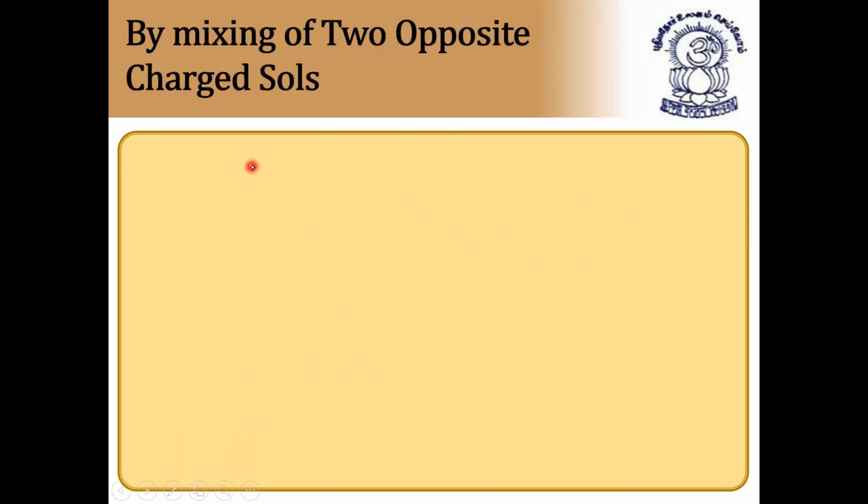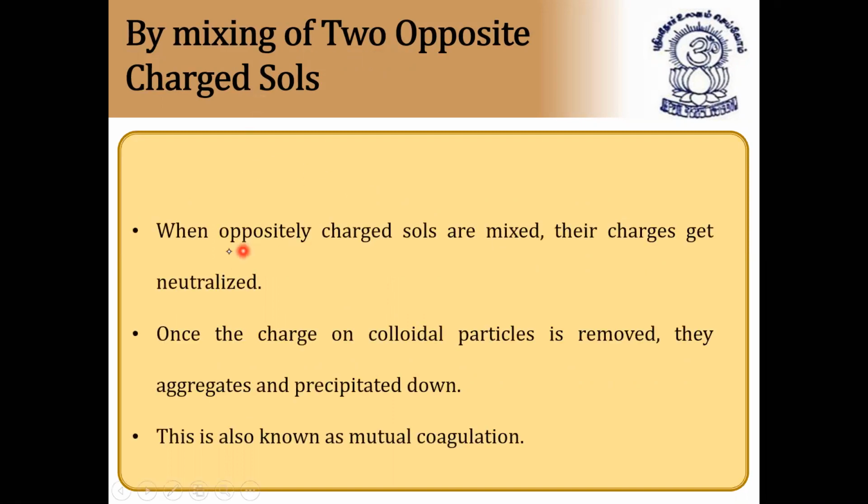Next, by mixing of two oppositely charged salts. When oppositely charged salts are mixed, their charges get neutralized. Once the charge on the colloidal particles is removed, they aggregate and precipitate down. This is known as mutual coagulation. To coagulate a positively charged salt, we have to use a negatively charged salt, and to coagulate a negatively charged salt, we have to use a positively charged salt.